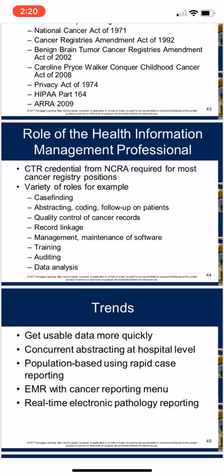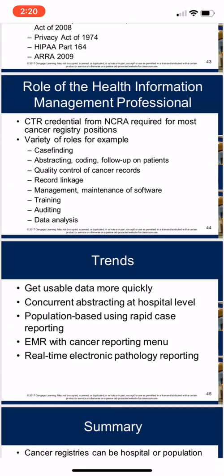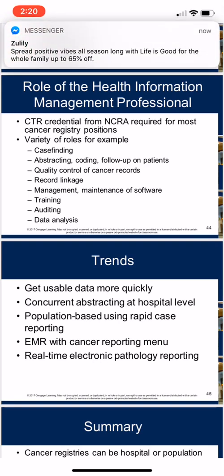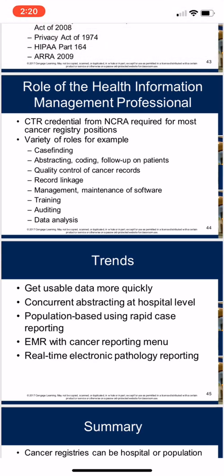These include case finding, abstracting, and coding cancer incident reports, follow-up on patients in the cancer database, quality control of cancer records, record linkage, management, supervision, maintenance of software and other databases, software and database design, development of edit sets, technical support for cancer registries, training, auditing, consolidation of duplicate records at the population-based registry, maintaining documentation for the hospital's Commission on Cancer Approval, data analysis, liaison with researchers who are interested in using cancer registry data, development of cancer registry data standards, and geocoding.